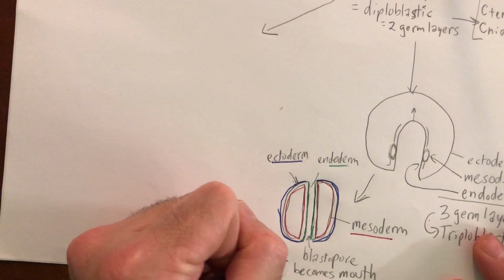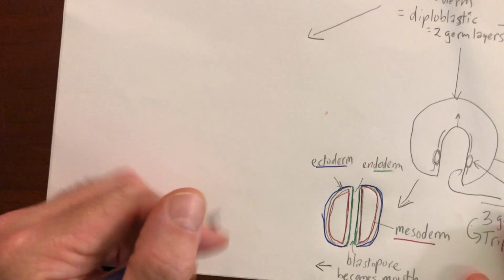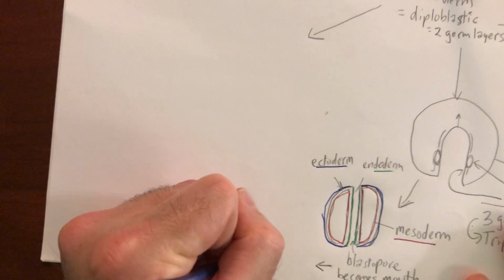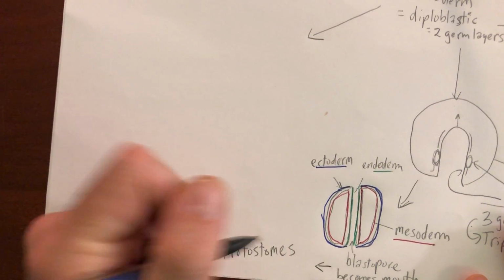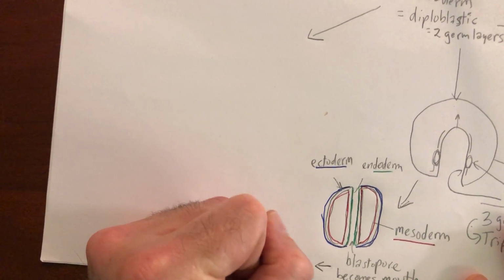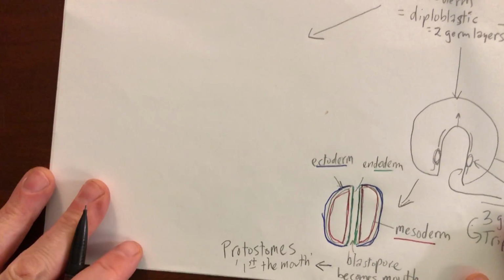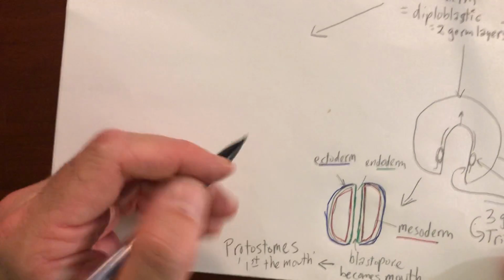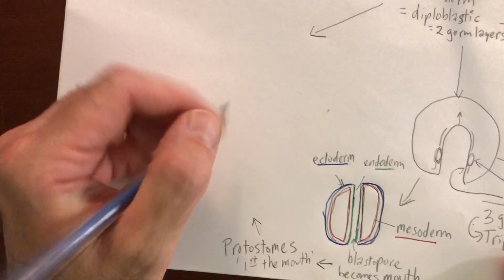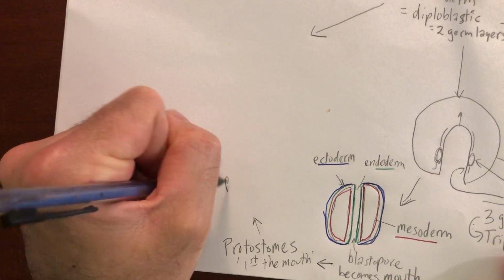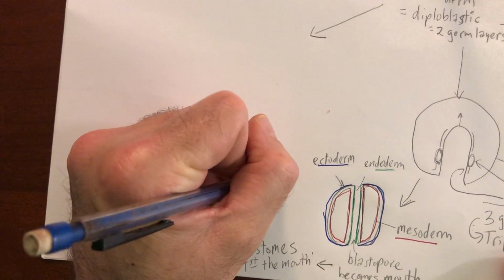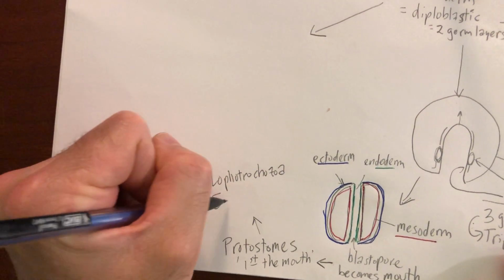Okay, so in this particular type of organism, the blastopore is going to develop into the mouth. And because the mouth develops first, we call these organisms protostomes, which means first the mouth. Protostomes is going to include all of the Lophotrochozoa and all of the Ecdysozoa.